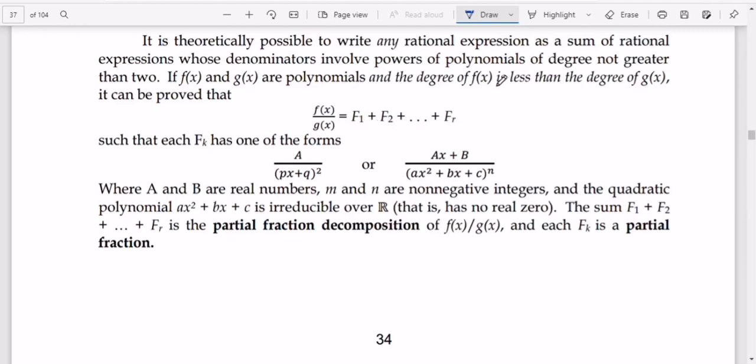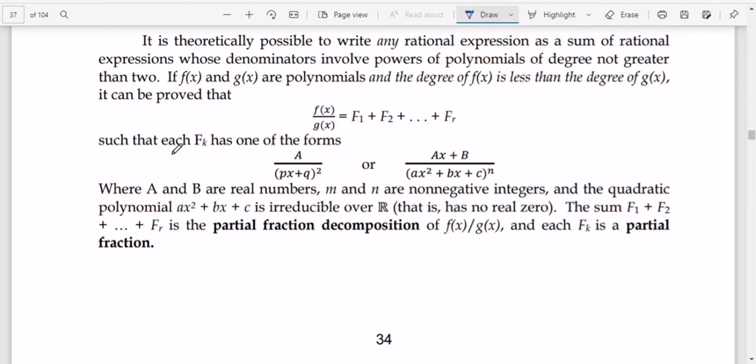As stated here, the degree of f of x is less than the degree of g of x. Therefore, the partial fraction decomposition is only applicable if the degree of f of x is less than the degree of g of x.